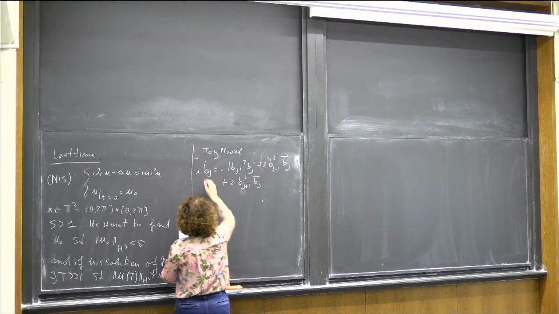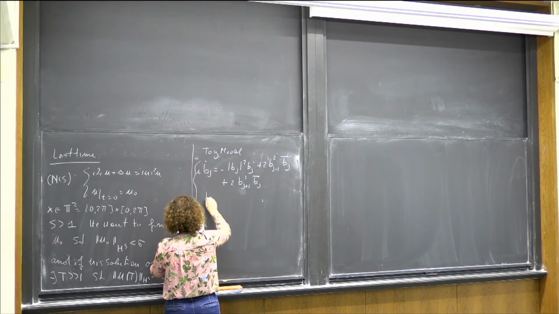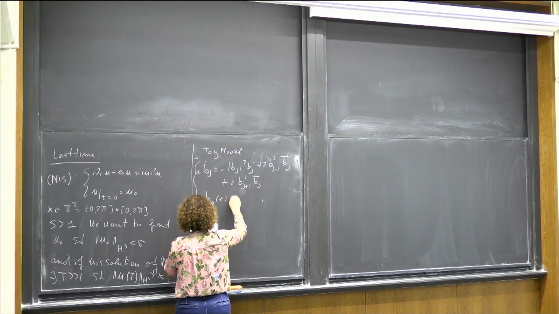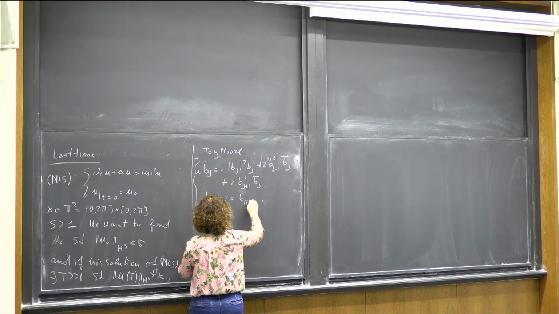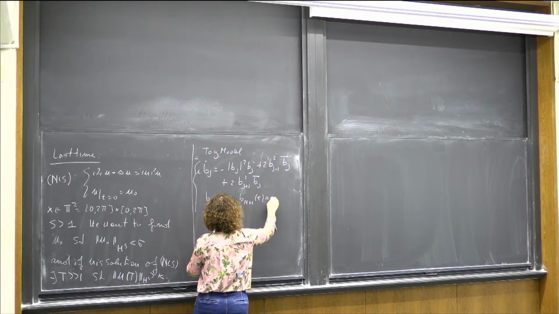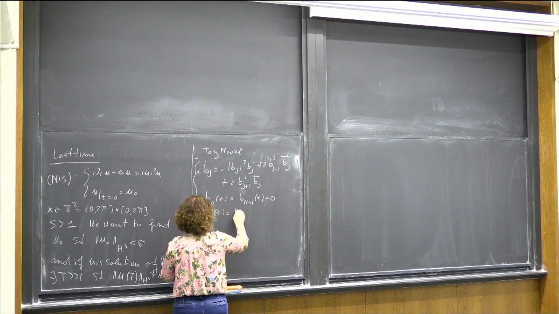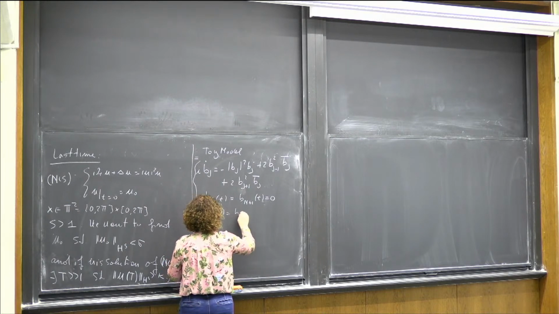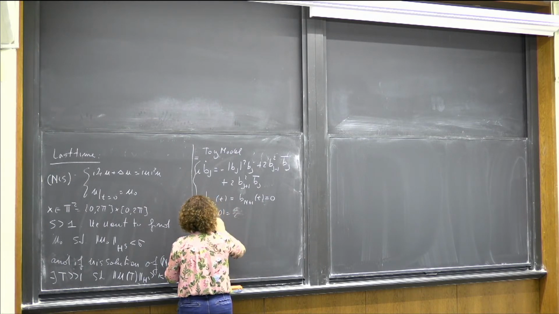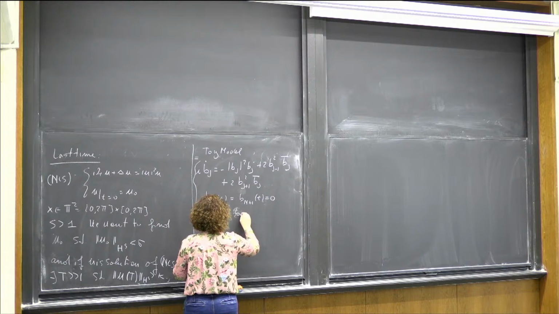And there are some boundary conditions, b_0(t) equals b_{n+1}(t), which is 0. And initial data, b_j at 0 is some b_{0j}.